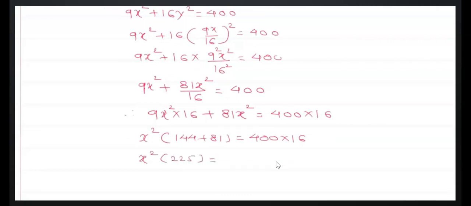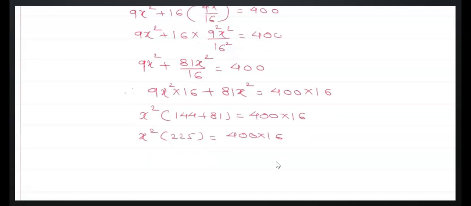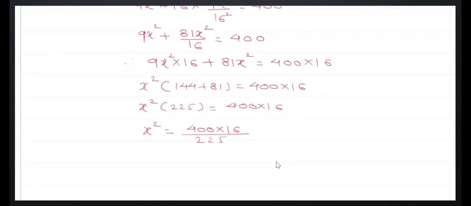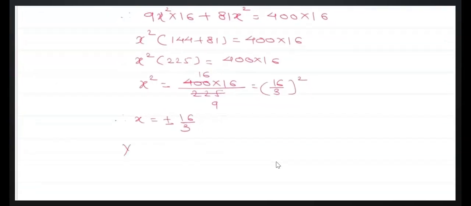Therefore, x square into 225 is equal to 400 into 16. Therefore, x square is equal to 400 into 16 upon 225. If we simplify it, we will get x square equal to 16 upon 3 bracket square, and x is equal to plus or minus 16 upon 3.